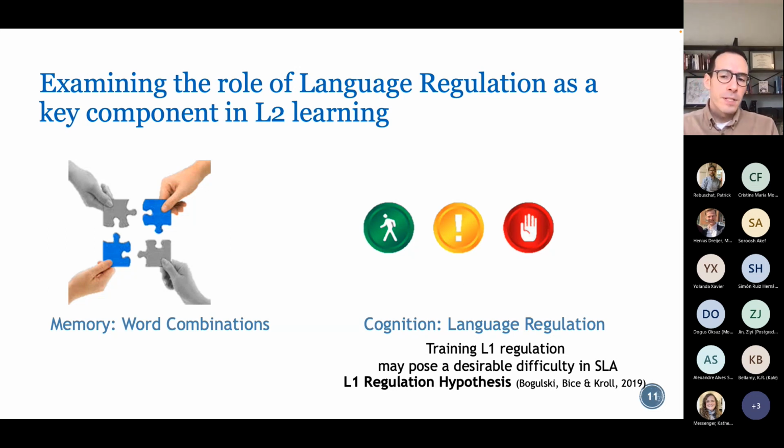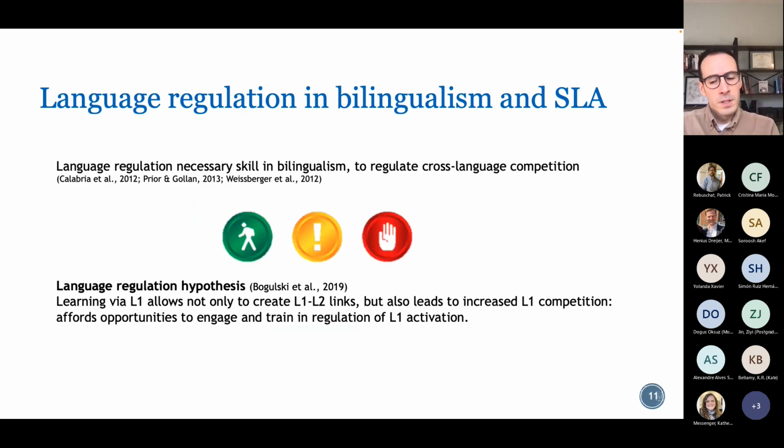So this is actually an idea that has been highlighted in recent years, in particular Bogolsky and colleagues, building on a large trajectory of studies highlighting the role of co-activation and cross-language competition, also interpreted some interesting findings where learners trying to acquire vocabulary in a new language were more successful doing so via their first language.